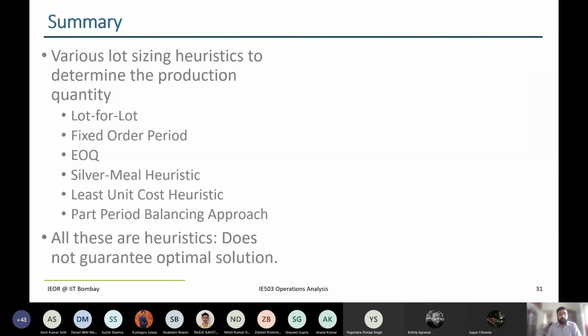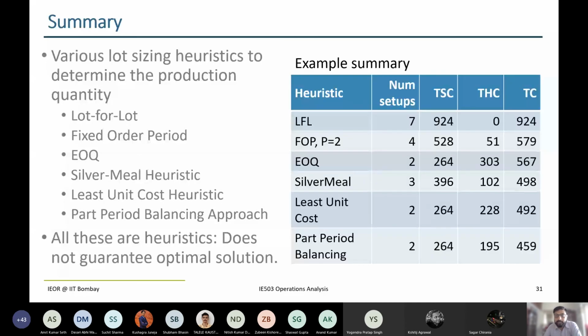In this summary, we actually looked at various lot sizing heuristics, and this is a summary of all the examples that we did. In lot for lot, we found out there are 7 setups. Total setup cost is 924, and total cost is, of course, 924. And then we did FOP of P equal to 2, EOQ, silver meal, least unit cost, part period balancing.